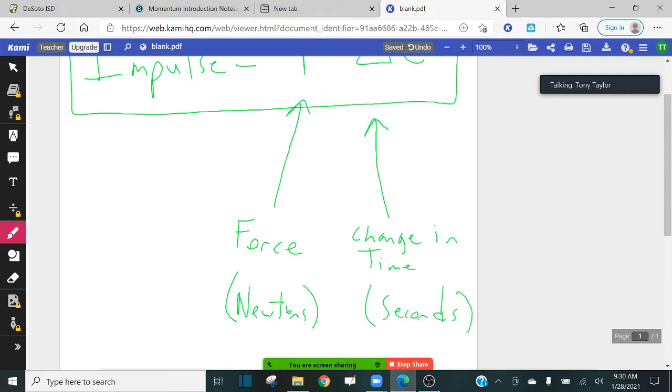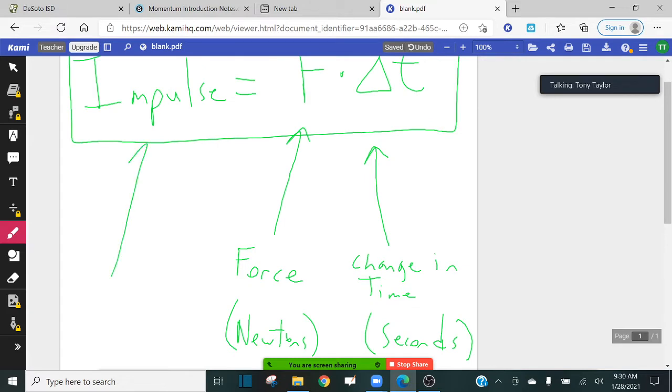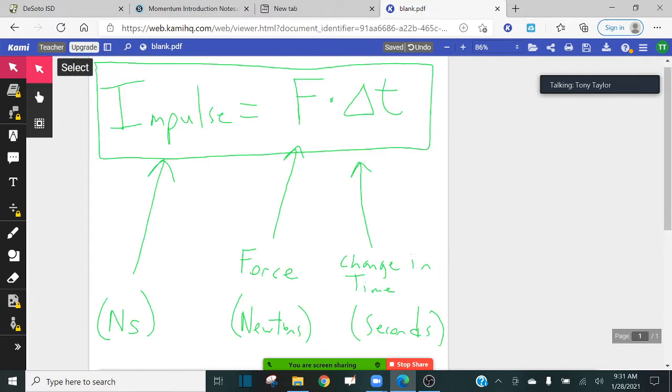So therefore, when you find the overall unit for impulse, it's just Newton seconds, N·s. Newton seconds are the units for impulse, which hopefully should make sense to you because you're combining force and time. So force multiplied by delta t gives you Newton seconds, which are the units for impulse.